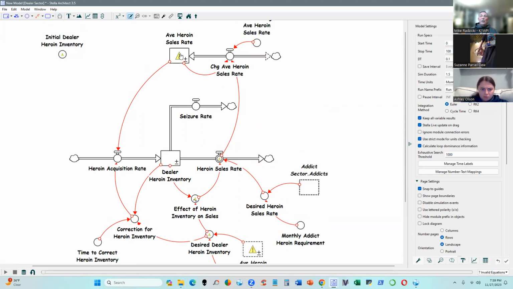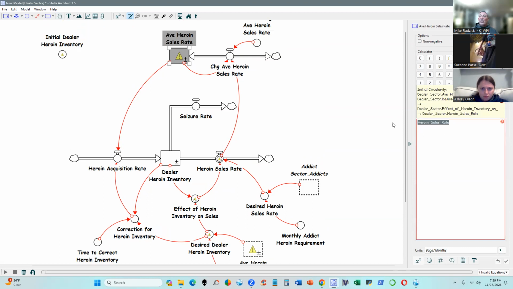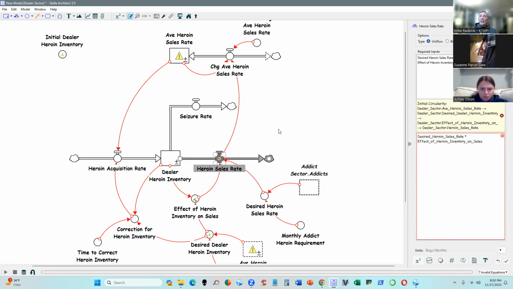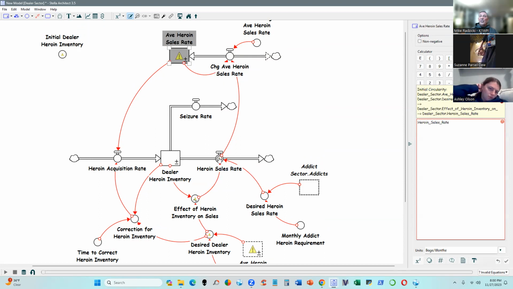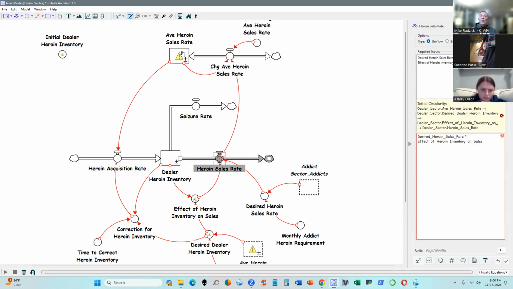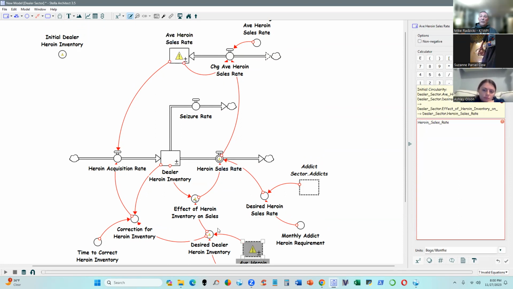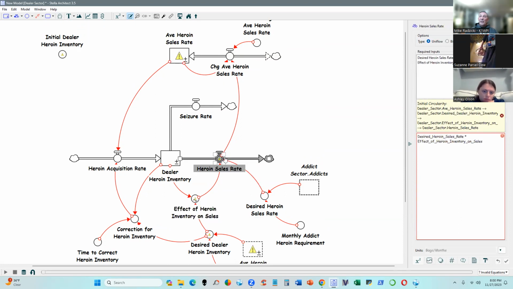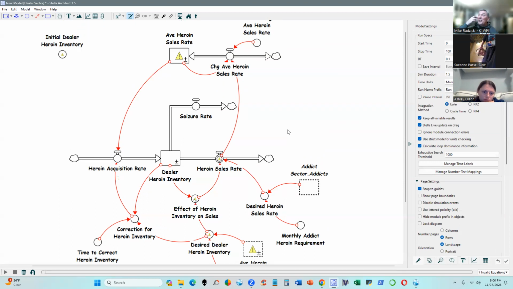The initial value here is the sales rate, but it's used to initialize this, and also to create this. So that's a simultaneous equation situation. It's no good. It's not going to let you simulate.